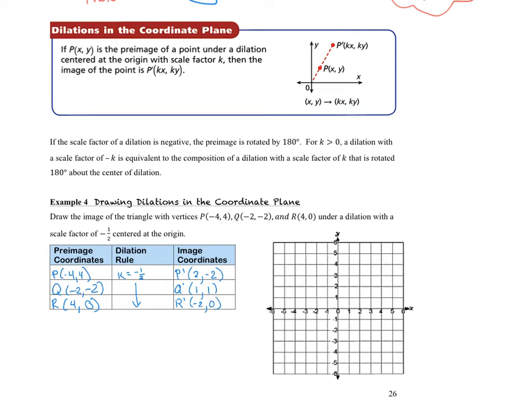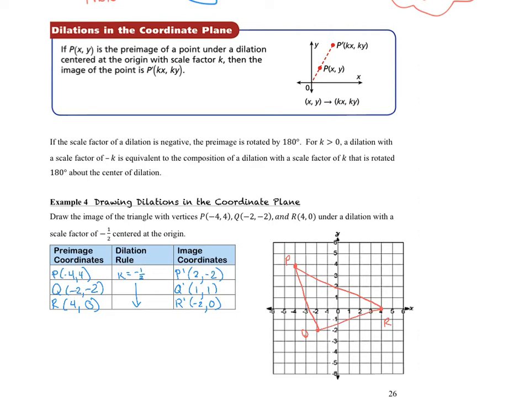So there's my figure, and it's asking us to draw both of them. So the pre-image, -4, 4, that's P, -2, -2 is Q, and 4, 0 is R. So a pretty large triangle here.